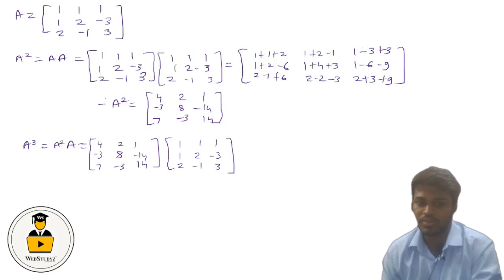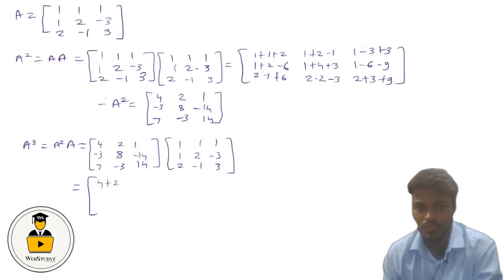So now A cube will be equal to, if we multiply, 4 plus 2 plus 2, then 4 plus 4 minus 1, then 4 minus 6 plus 3, then minus 3 plus 8 minus 28.